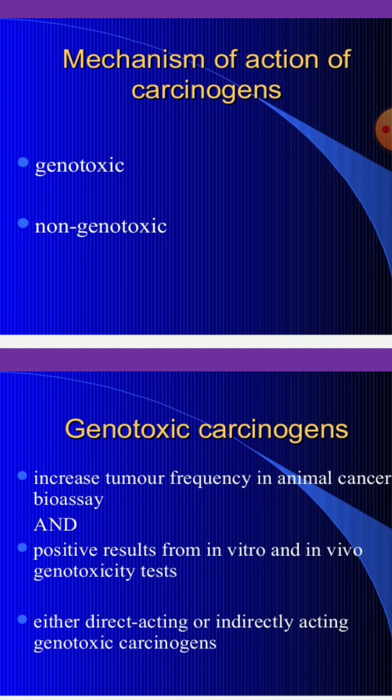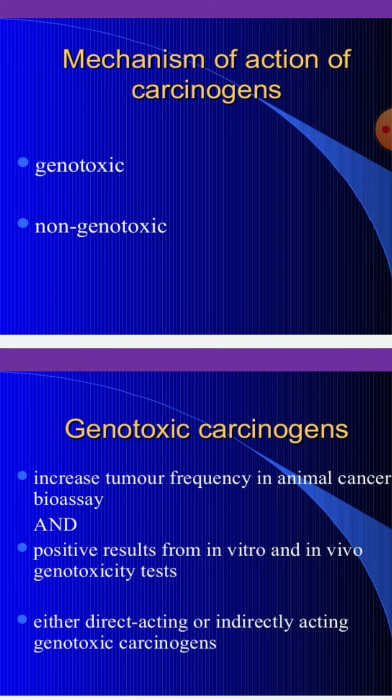First we will discuss genotoxic carcinogens. What happens with genotoxic carcinogens? They increase tumor frequency in animal cancer biopsies, and they give positive results in genotoxicity tests, both in vitro and in vivo.